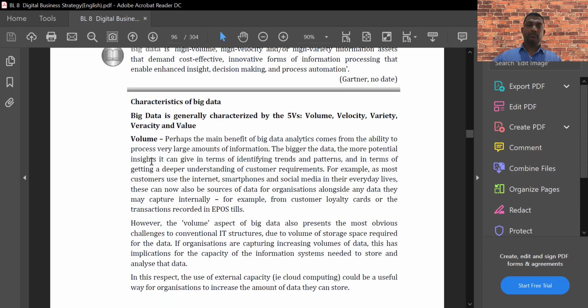Volume is all about the sheer amount of data itself. That's one reason we call it big data. The amount of data being accumulated and available is large, and the bigger the data, the more potential insight it can give us. So we say it has a large volume of data.